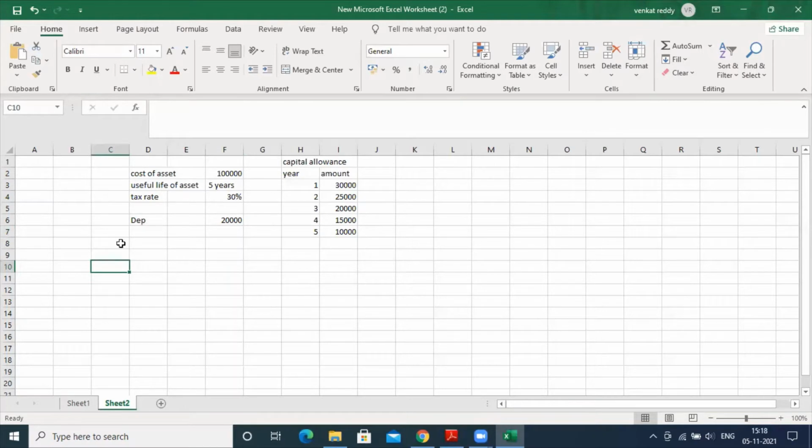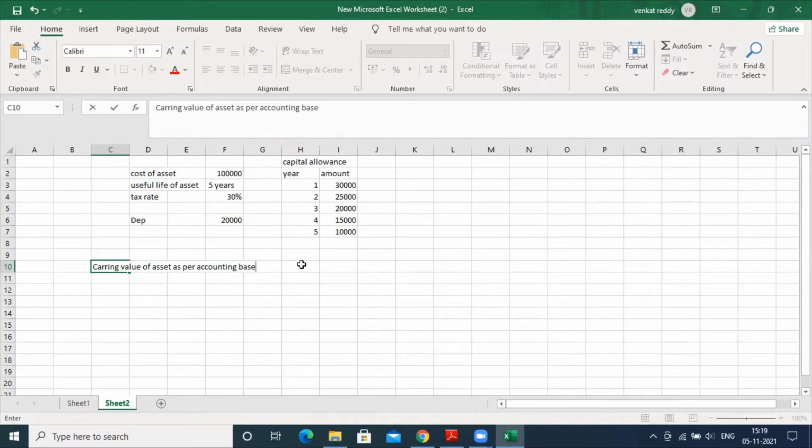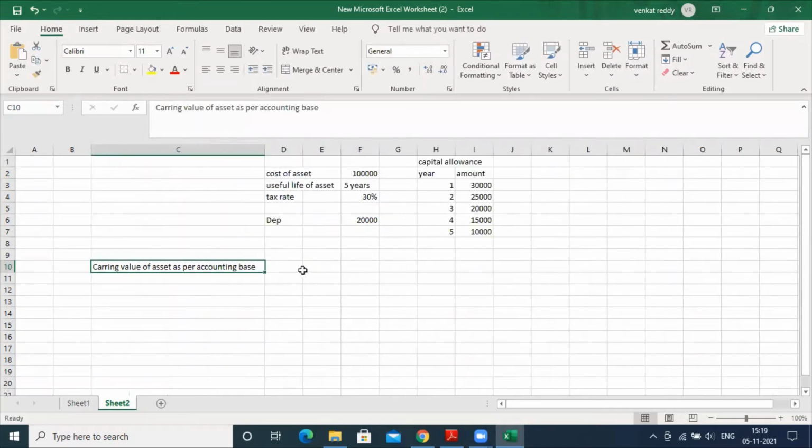So the first thing is carrying value of asset as per accounting base. Then carrying value of asset as per tax base.